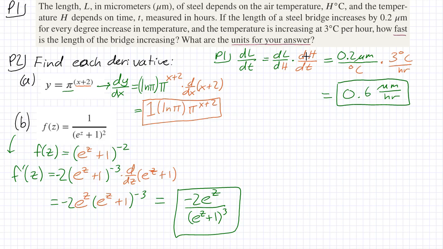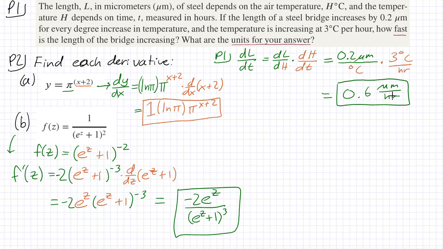So the micrometers per degree Celsius times the degree Celsius per hour rate of change gives you an overall speed, or how fast kind of thing, of 0.6 micrometers per hour, which is not a good speed to win a race, but it might be important if your bridge is getting bigger at that rate. You don't want your bridge to fall down because it doesn't fit anymore.